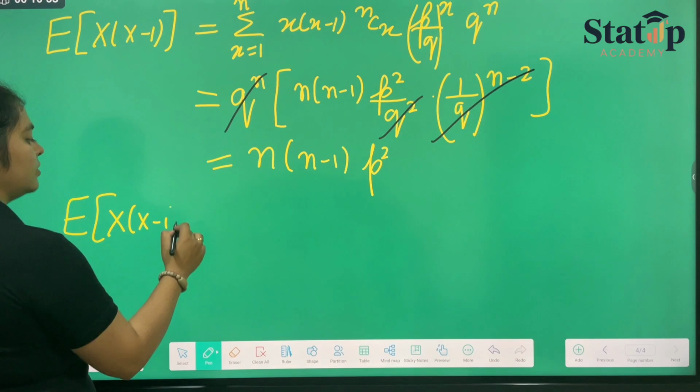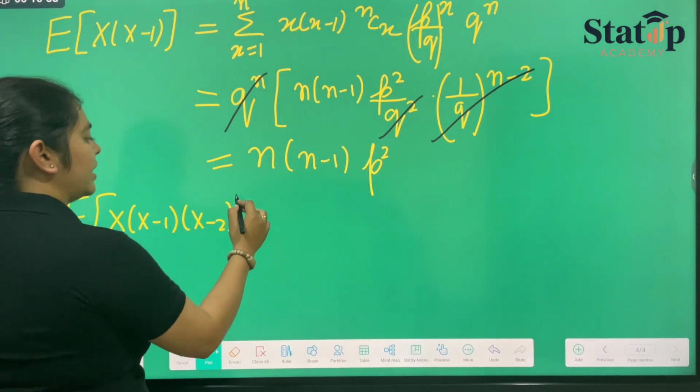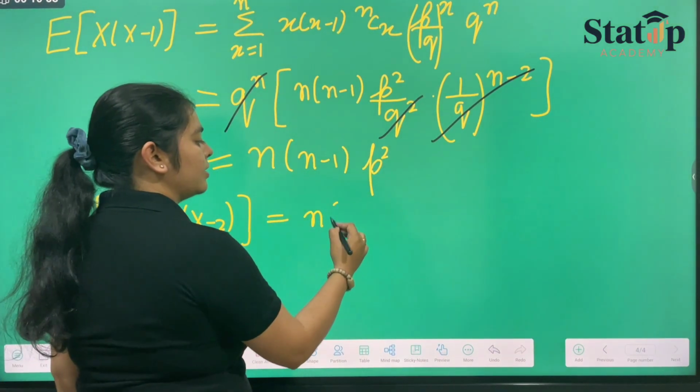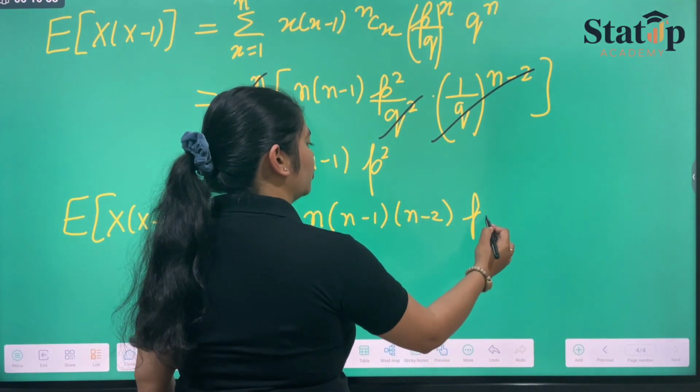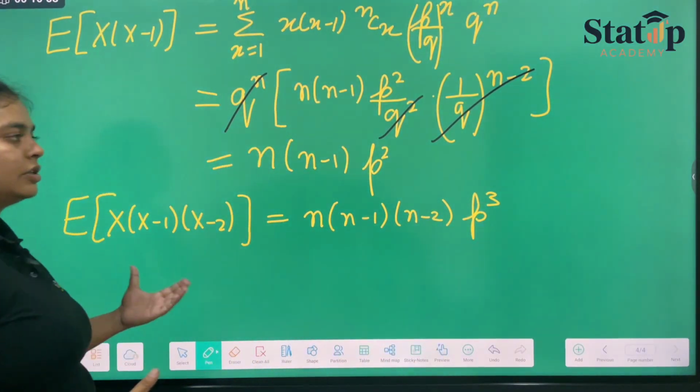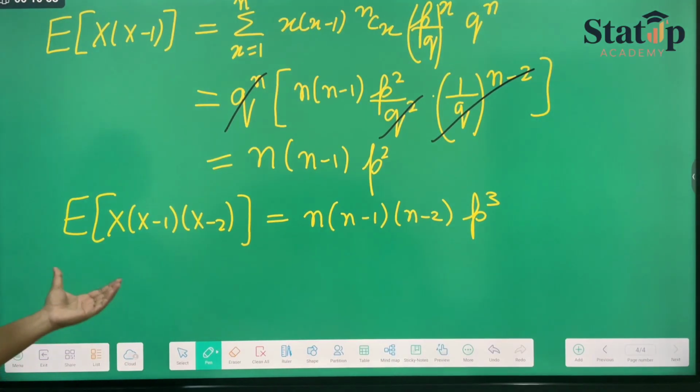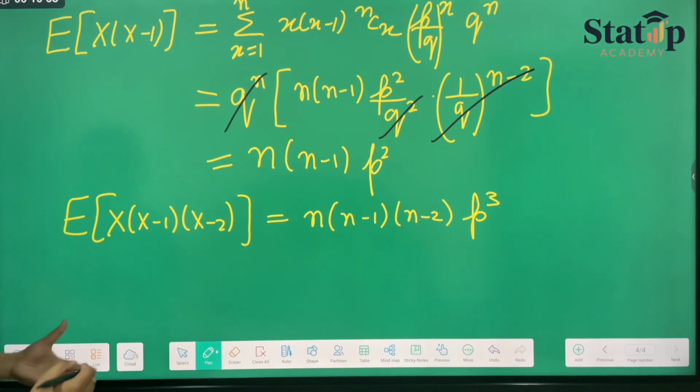So and so on, if we take expectation of x into x minus 1 into x minus 2, then we will be getting it equal to n into n minus 1 into n minus 2, p cube, and so on. So this will form the basis of our theorem, and this is the pattern that we see.